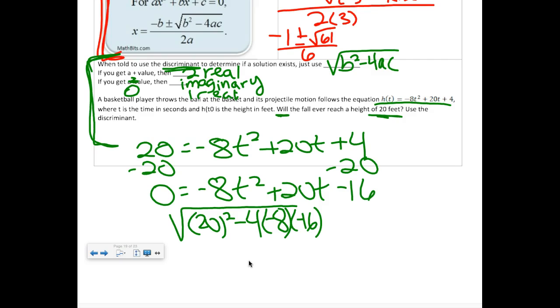Okay. So we're plugging this into our calculator, and we're really looking for what out of these things are happening. Okay. So when we plug this in, our discriminant is a number.